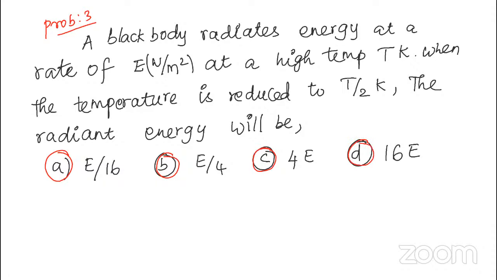So let us now go for the solution. Here the temperature will be reduced from T Kelvin to T by 2. For the first one we choose T1, and for the second one T2. Already we know the formula related to energy and temperature.